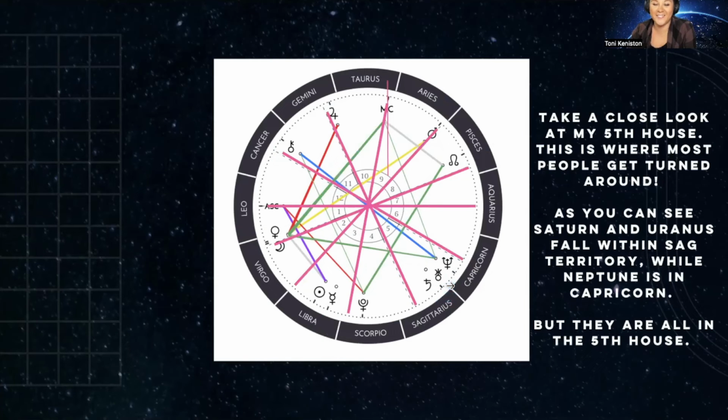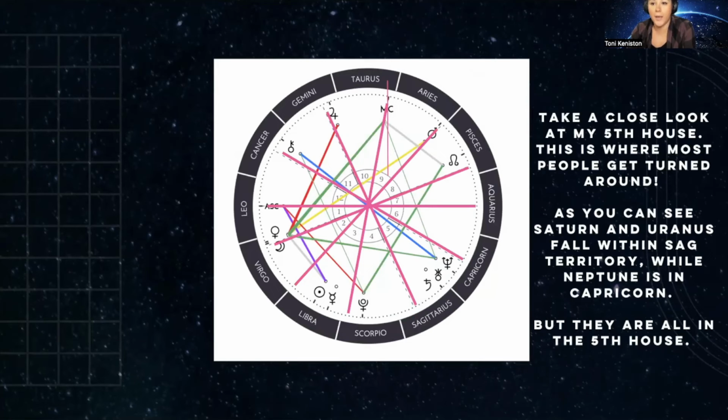I get this question all the time because they will say, well, my house cusp, let's say right here, the line that begins your house. My fifth house cusp is in Sagittarius, but my Neptune is in Capricorn. And so they will assume that they have their chart wrong because they're thinking my entire fifth house is in Sagittarius.